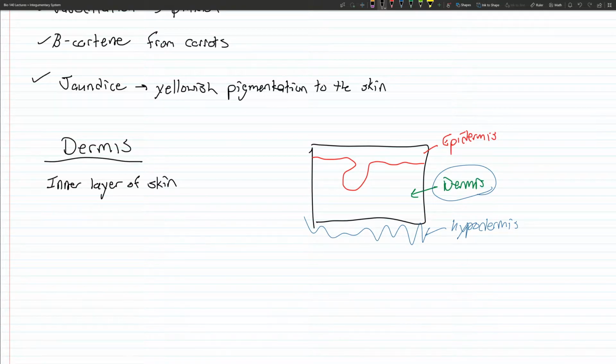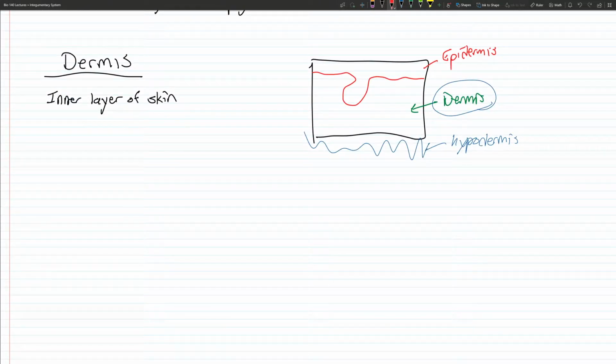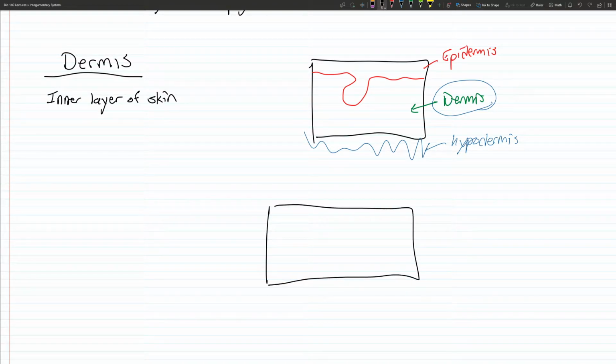Now, if you look at it close up, I kind of drew this crappily. Here's our skin. And what we actually see is the dermis is actually shaped like this. It's got these wavy lines. Okay, so you see these here? These are called papillae or papilla, depending on who you talk to.